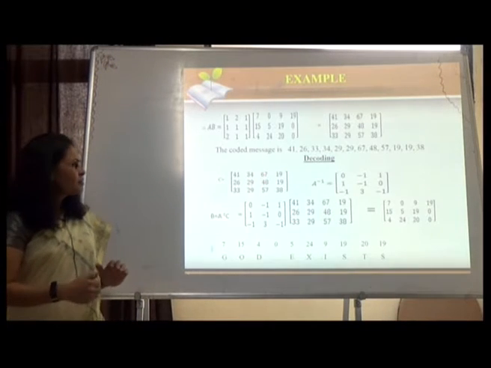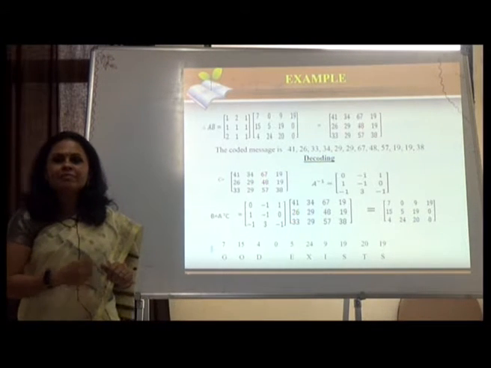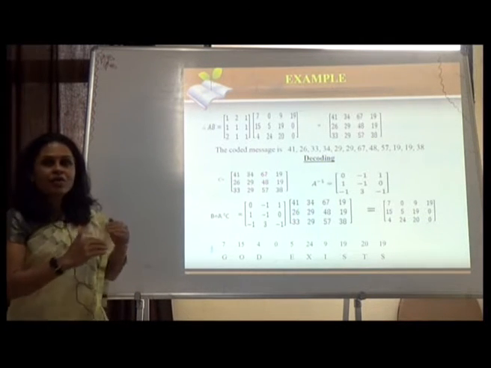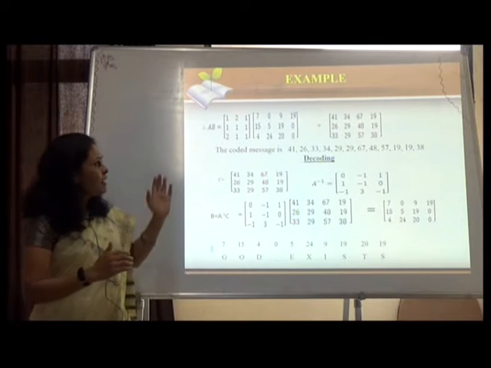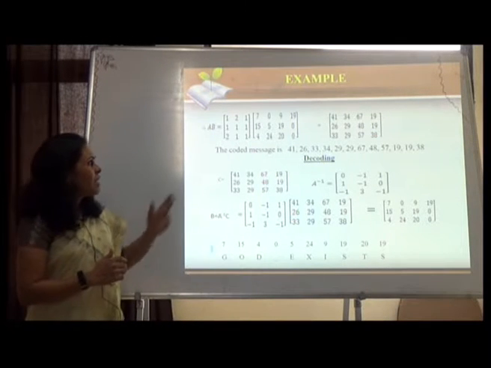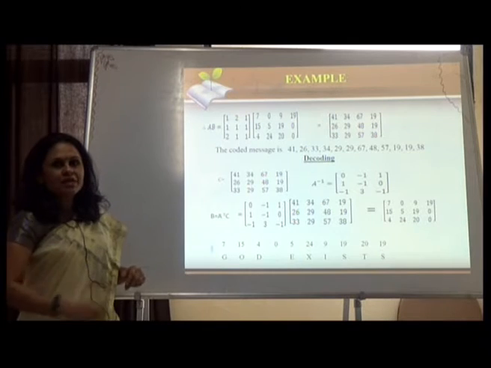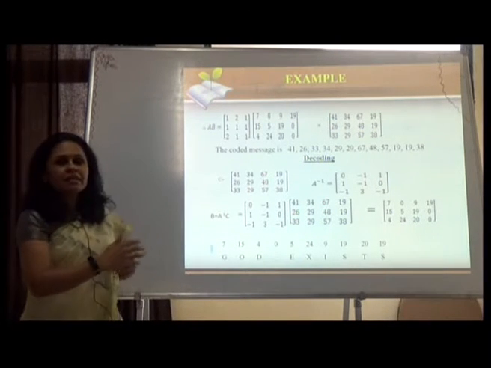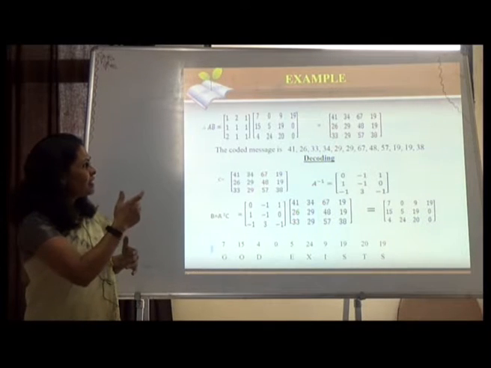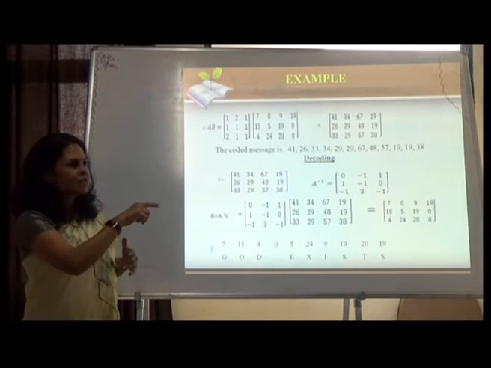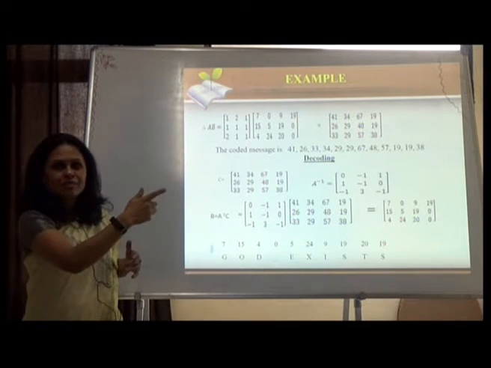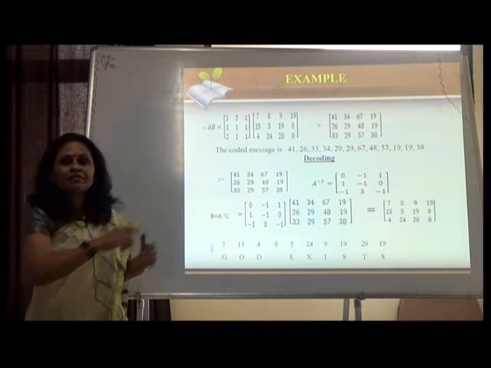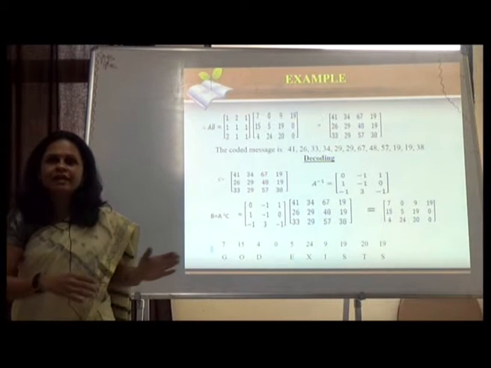Next, if you see here, I have calculated the multiplication A into B. That means I am imposing matrix A over matrix B. If I multiply these 2 matrices A and B, I get the output as the next matrix. Whatever numbers I get in that matrix AB, which is the coded message, go in a linear manner, not in a matrix manner, as 41, 26, 33, 34, 29, 29, 67, 48, 57 and so on up to 38.